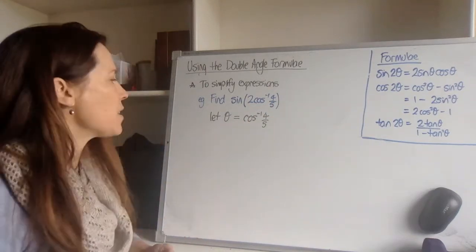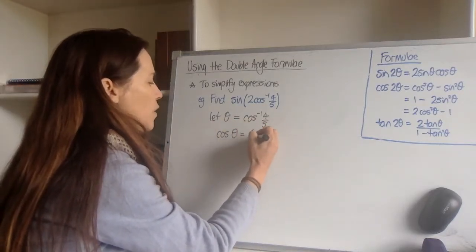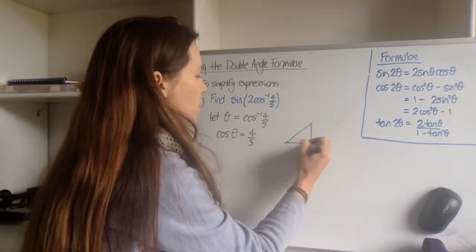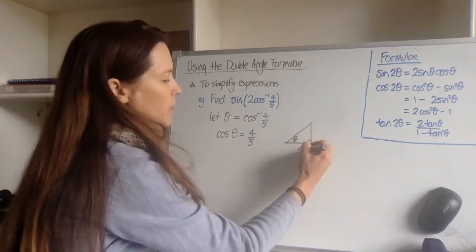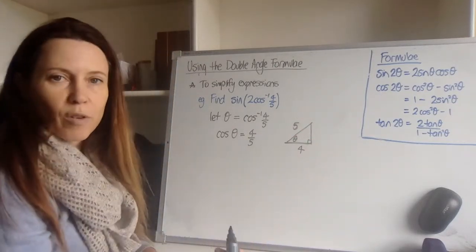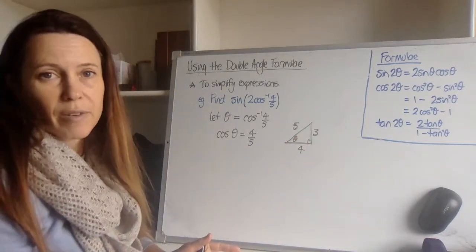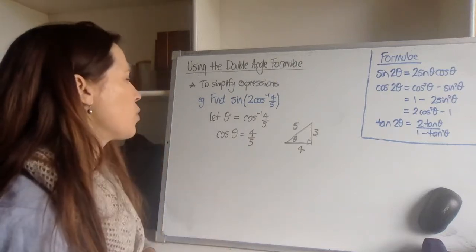Now we know how to rearrange that. That means that the cos of theta is 4/5. Now let's think what that really means. That means we've got some right angled triangle where if we labelled theta, then the opposite side over the hypotenuse would be 4/5. And in fact, this looks like a 3-4-5 triangle, and even if it wasn't, we could use Pythagoras to figure out what that missing side in the right angled triangle would be.